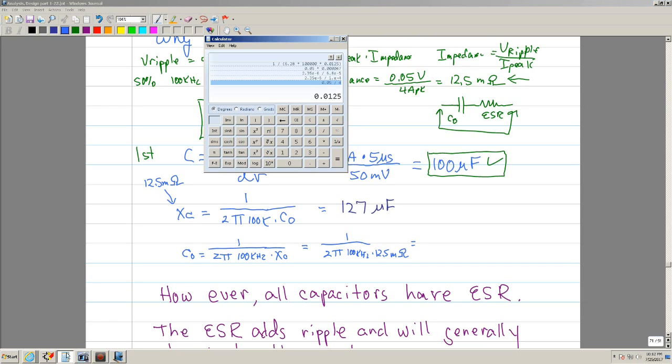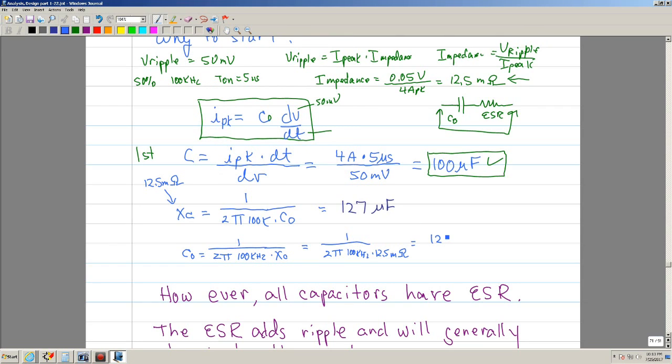I've already calculated, but let me just verify and check. 6.28 times 100 times 0.0125, and I get 127 microfarads.